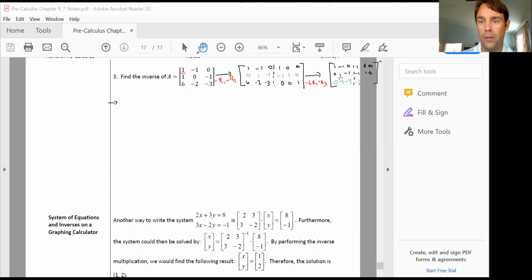So now I'm going to start getting zeros above it. So I'm going to do a, oh, that would have been bad. Let's try that. All right, I'm going to add row 2 to row 1 and replace row 1 this time.